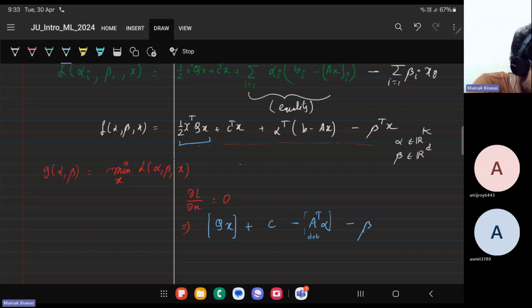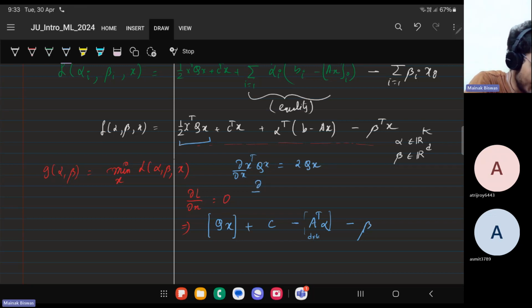Yes. We did the derivative of X transpose QX. Already we have done this, in which class? In logistic regression and linear regression also, right? When we were deriving the backpropagation, the gradient descent steps. I hope you remember.